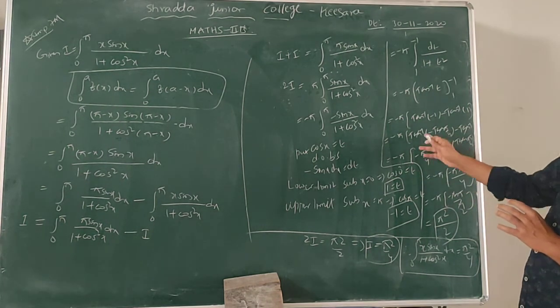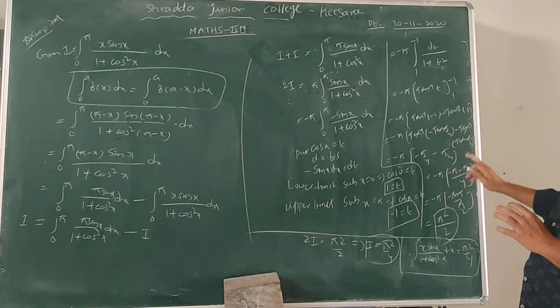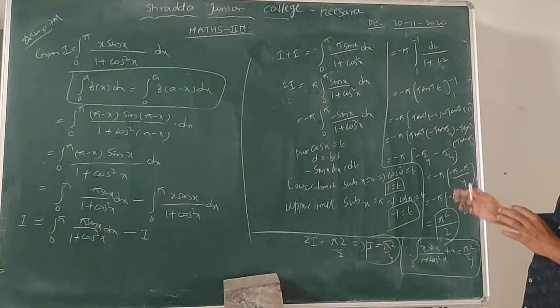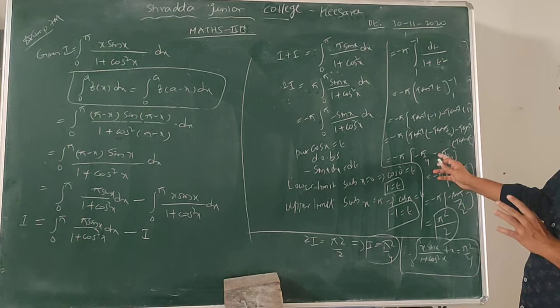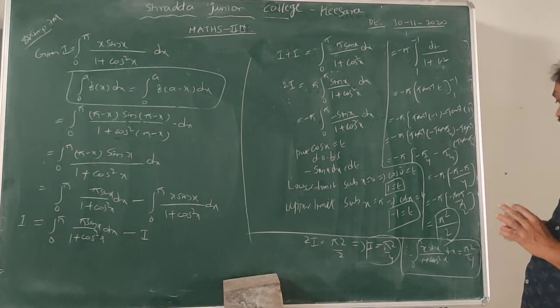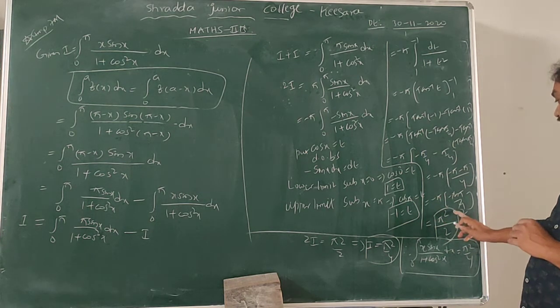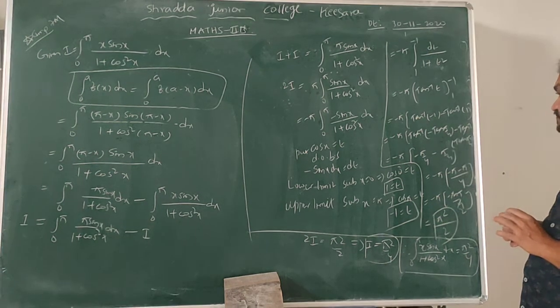Minus pi into tan inverse gets cancelled here, minus pi by 4 minus pi by 4. Take the LCM 4: minus pi, that is minus 2 pi by 4, 2 ones are 2, 2 twos are 4. Minus into minus, how much, that is plus pi into pi square by 2.